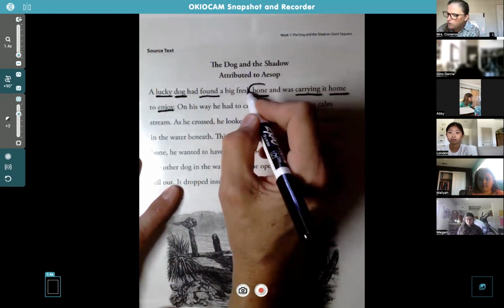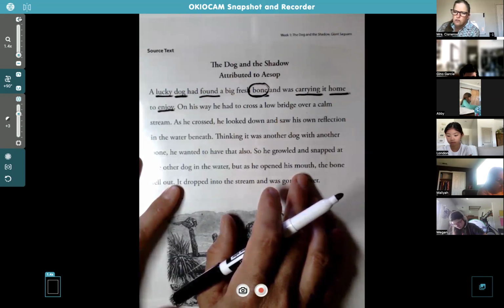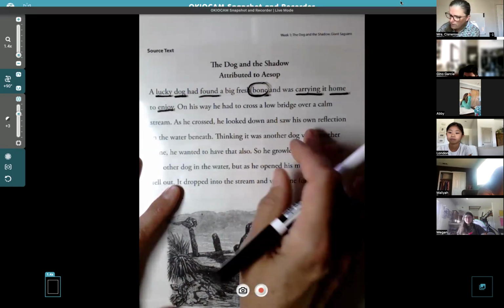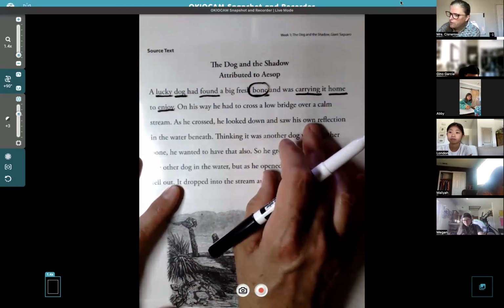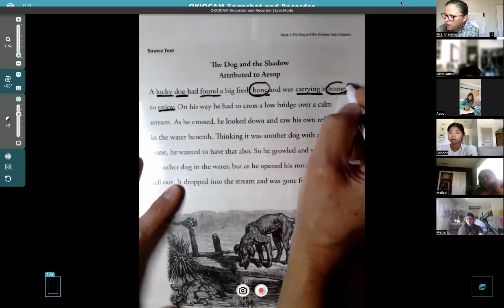So what I want you to do now is just circle bone. That's a big part of the story. If we didn't know about the bone, the story wouldn't really make sense. So the bone is going to be really, really important to remember. That is a keyword. And the fact that he's going home with it, I want you to circle home here too.